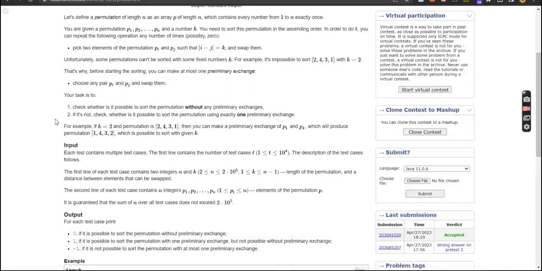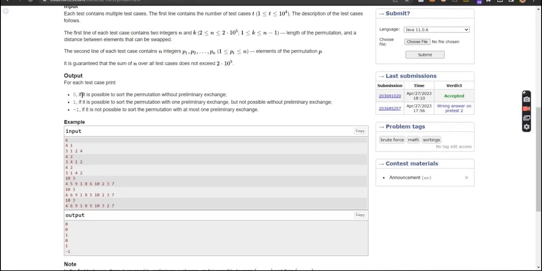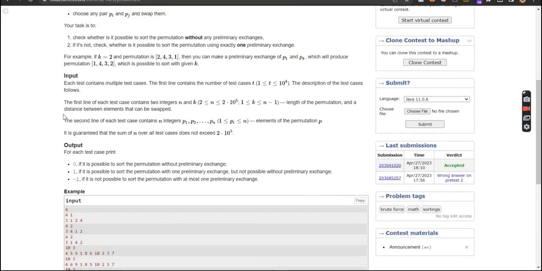So there are basically three answers to this problem. If you are able to sort the array without using any primary exchange, the answer is going to be 0. If you are not able to sort without a primary exchange, but you are able to solve it with at most one primary exchange, the answer is going to be 1, else the answer is going to be -1. In that case, you are not able to sort the array by doing anything. So yeah, that was the problem statement.